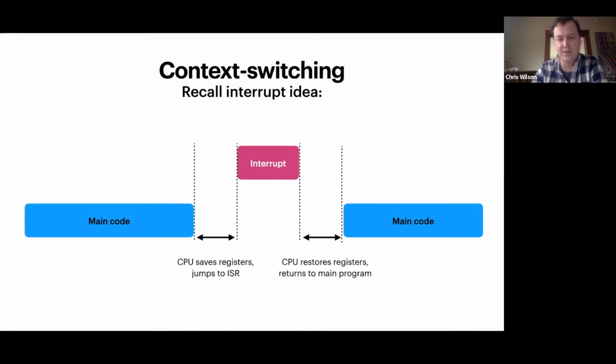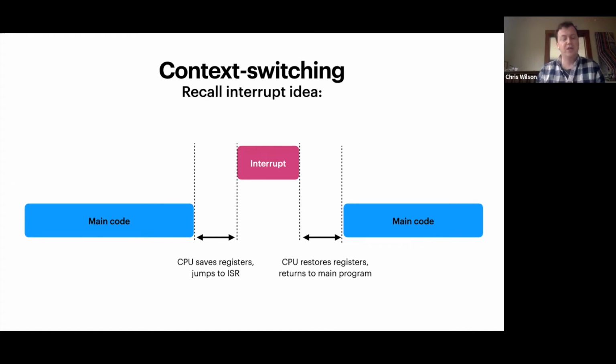It'll stop your program and jump into other code somewhere else. It will do whatever it needs to do in that interrupt, then restore all of your registers, put your program state back, and jump back into your code.